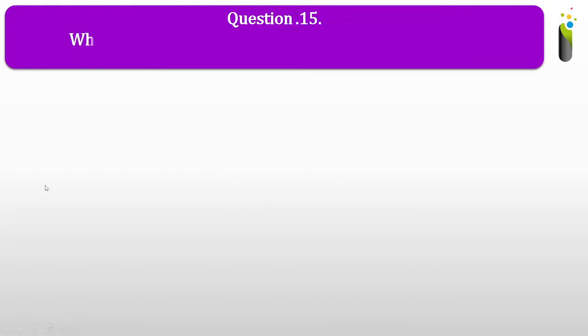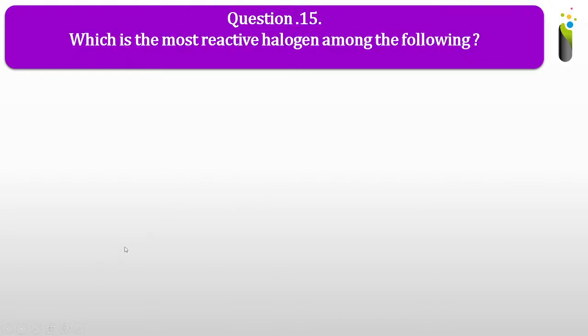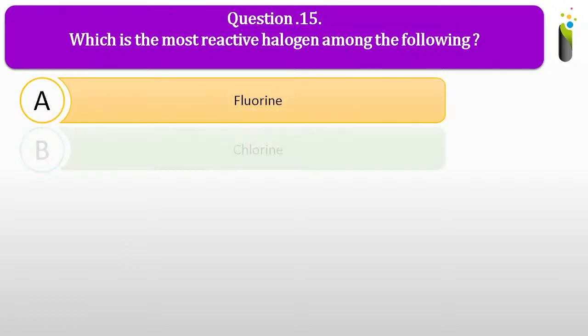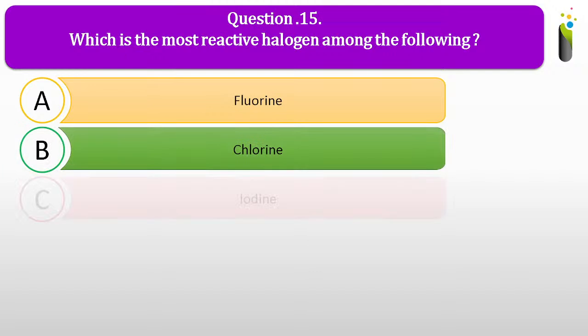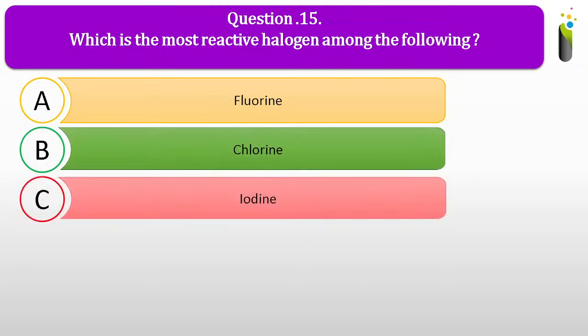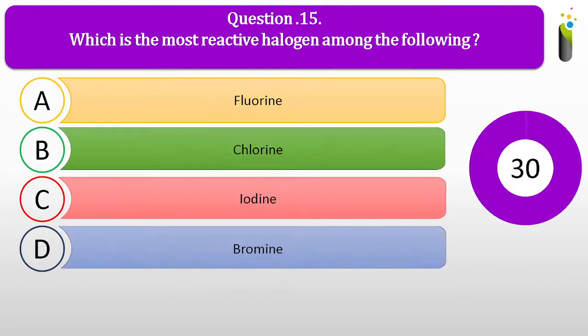Going ahead to question number 15. Which is the most reactive halogen among the following? A. Fluorine, B. Chlorine, C. Iodine, D. Bromine. So, which is the most reactive halogen among the following?